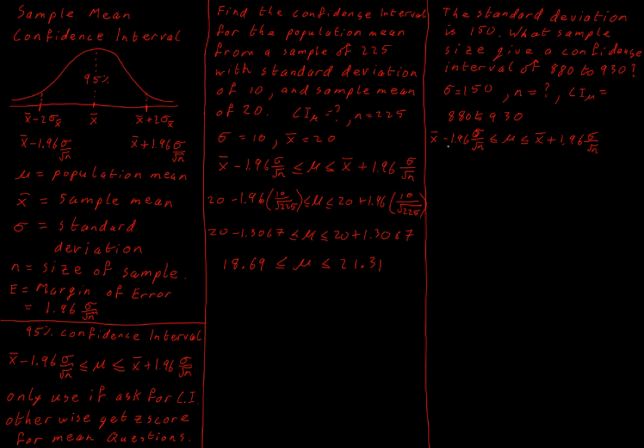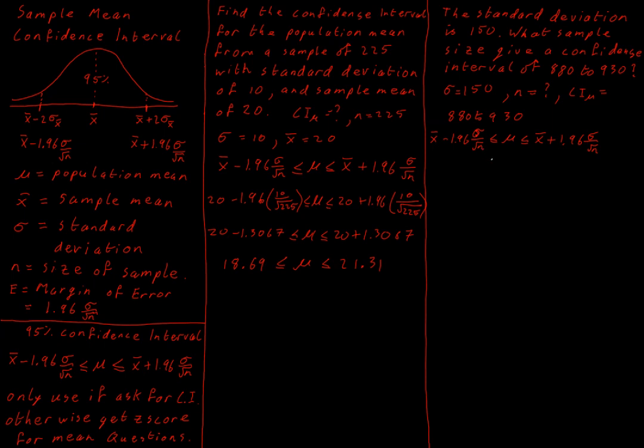So what we can do is say that halfway between these two numbers would give you the sample mean. So the issue we have at the moment is we want to find n, but we have two unknowns. We have x bar and root n. X bar and n are two unknowns.